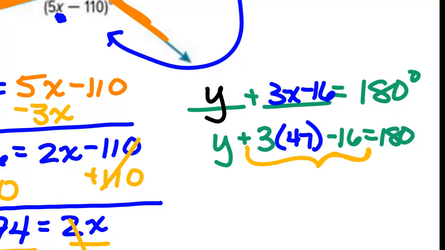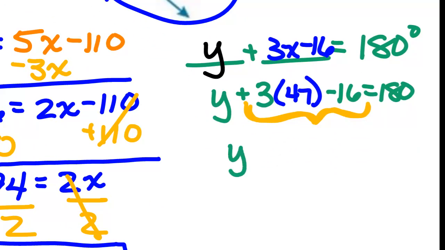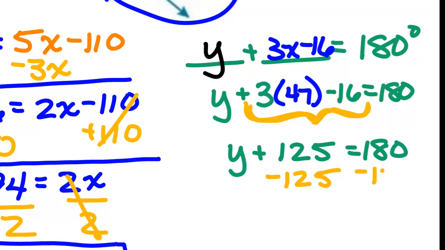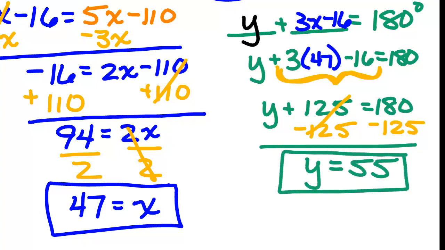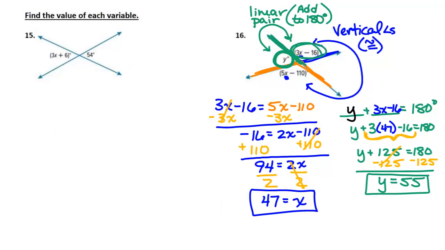We're going to do all of this in the calculator next. 3 times 47 minus 16 is 125. And then I subtract 125 from both sides. We get 55. Beautiful. All right, there's our timer.